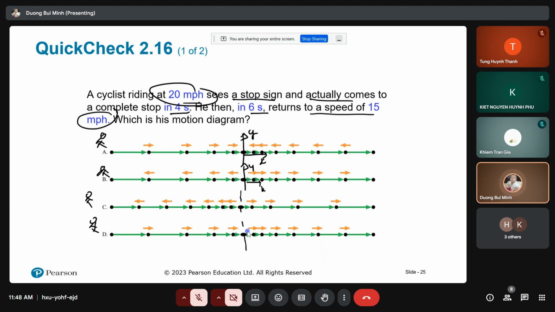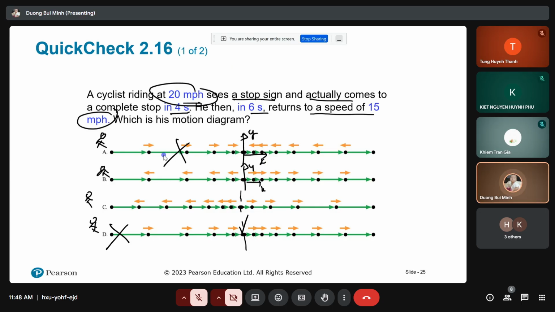Of course, if he would like to stop, the acceleration must be opposite to the velocity direction, right? So if this one, can he stop? No, of course not, so we eliminate this one. Do you agree with me?